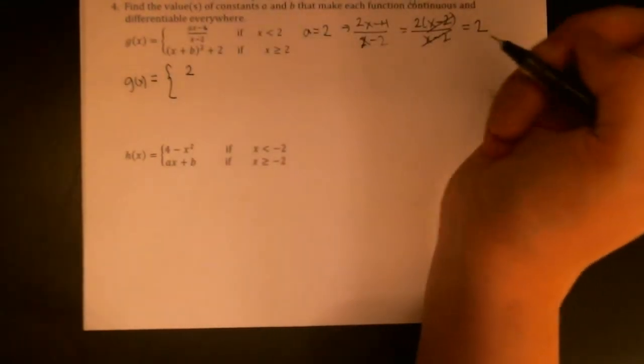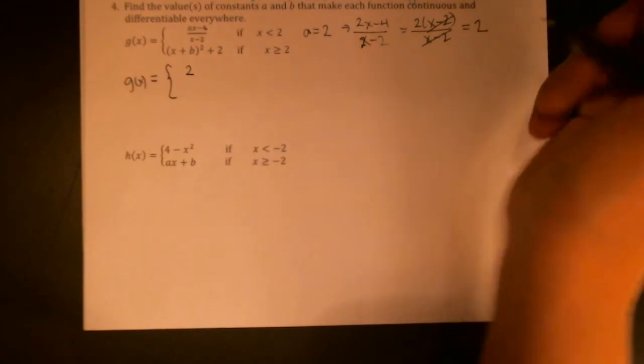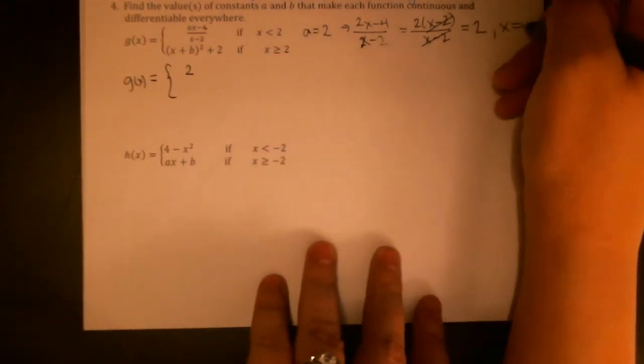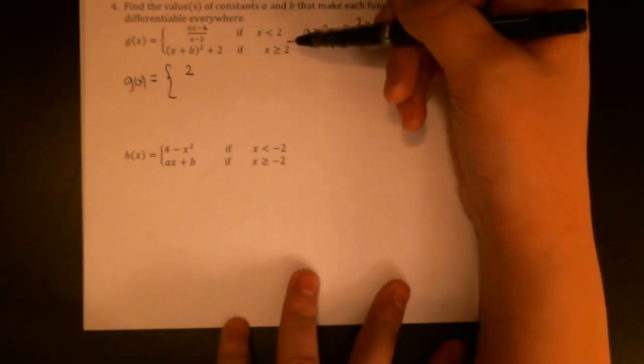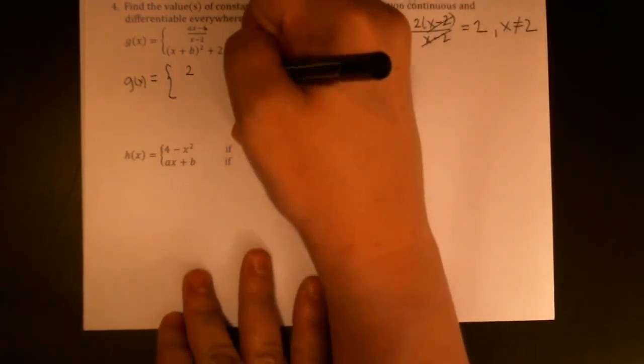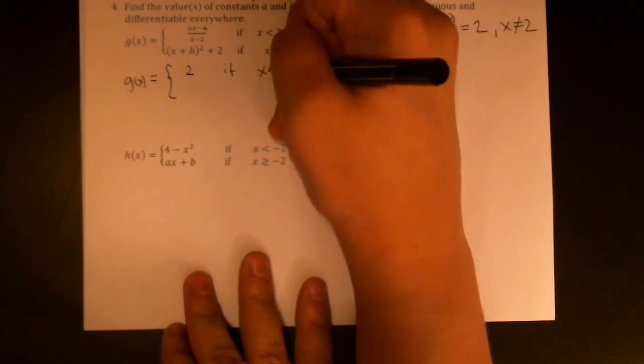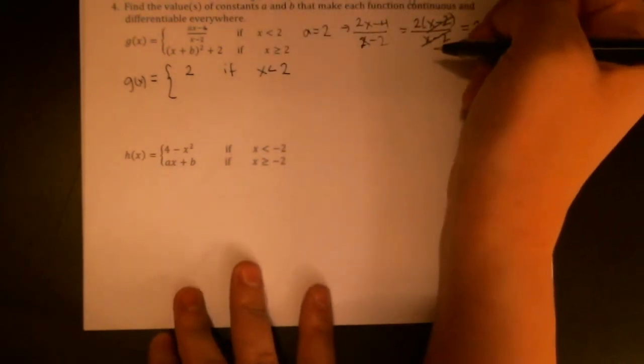So if a equals 2, it makes the function just a constant function, y equals 2, except there's a hole at x equals 2, but I don't really care because I'm cutting it off just shy of that anyways. So I get a constant function y equals 2 whenever my x value is less than 2.